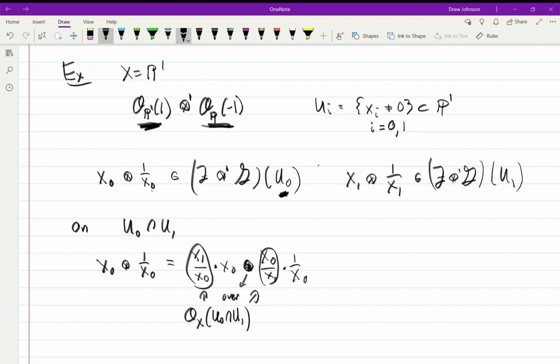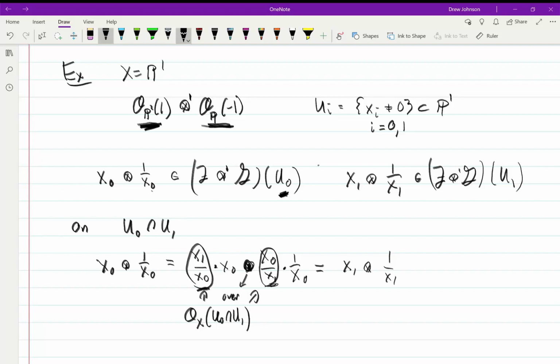So if you have a tensor product and then you multiply by some unit and its inverse unit here, where these things are in the ring that you're tensoring over, then that's okay. You still get the same answer, right? You can move this over here and cancel it out. Okay, but of course then this is just equal to x1 tensor 1 over x1.